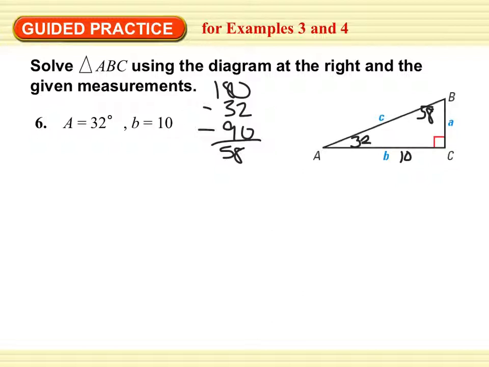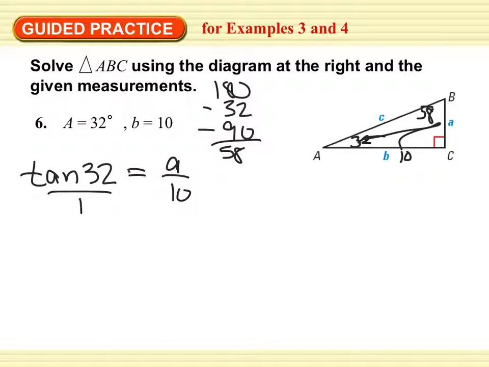Let's do tangent again. Tangent of 32, you could use 58, is opposite over adjacent, so a over 10. I can cross multiply. I get 10 tan 32 equals a. Type it in, 10 times tangent of 32. A is 6.25.